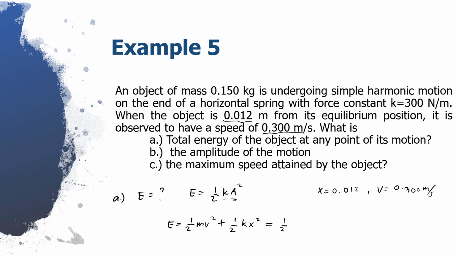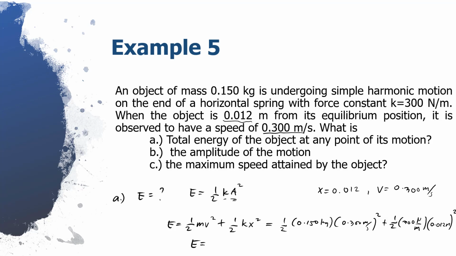So we have 1/2 times 0.15 kilograms times the velocity, which is 0.300 meters per second squared, plus the potential, 1/2 k, this is 300 newtons per meter, times x, which is 0.012 meters quantity squared.